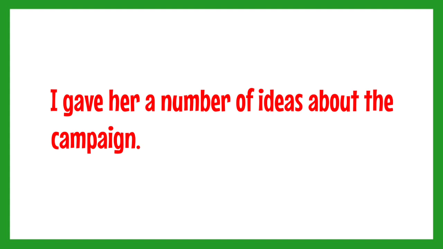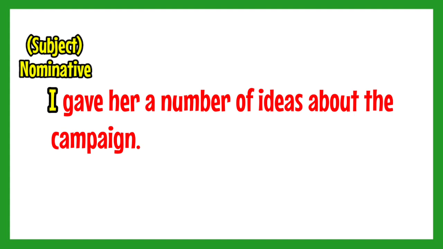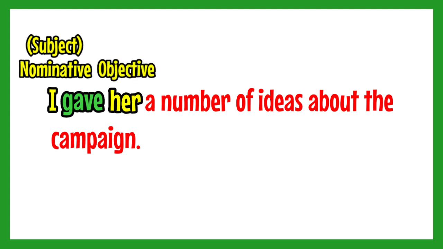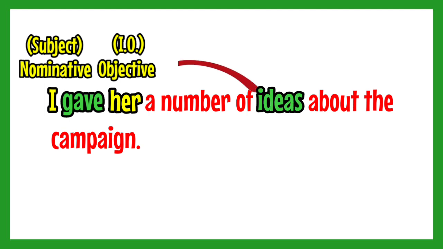The first pronoun is I, which is in the nominative case. It functions as the subject in the sentence. It is the doer of the action, gave. And the other pronoun in the sentence is her, and it is in the objective case. It functions as an indirect object. Why? Because it receives the direct object, ideas or a number of ideas.